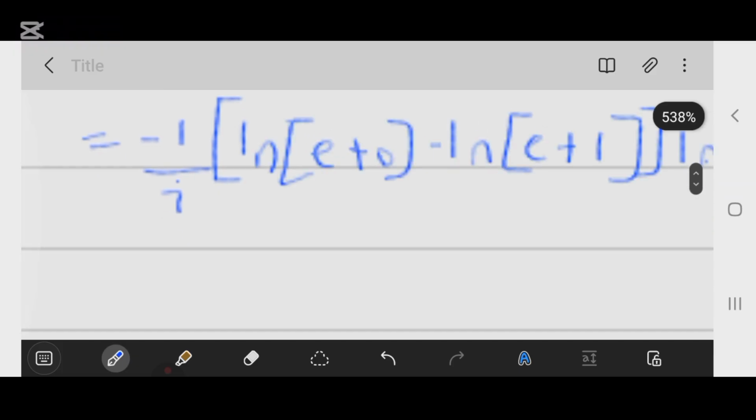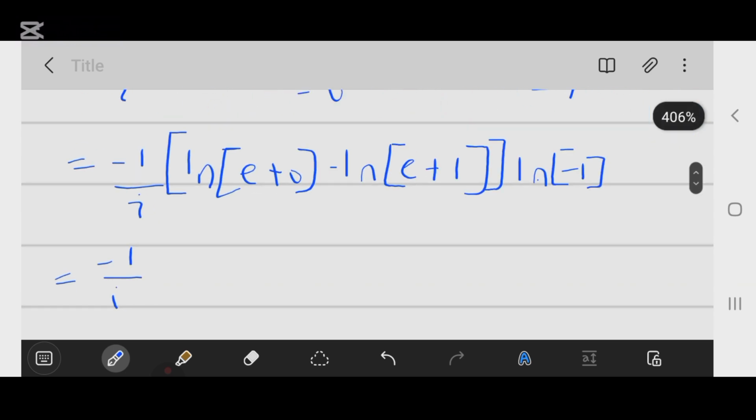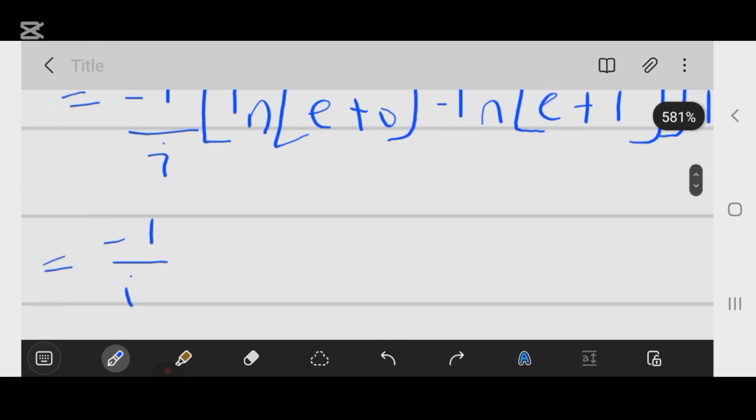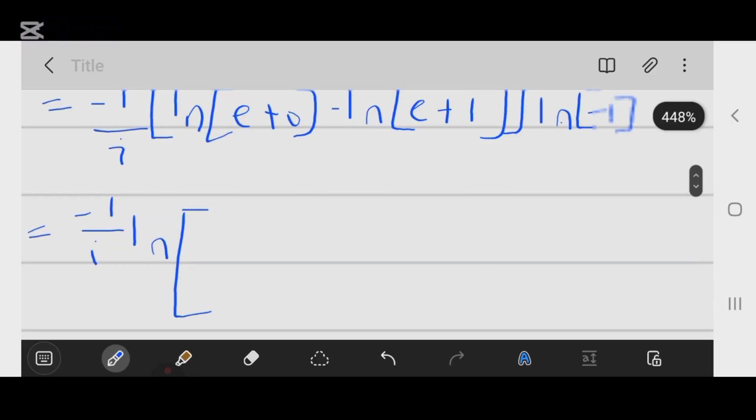Time for more simplification. Now I'm gonna bring in the subtraction law of logarithm. Yeah, a plus 0 is same as 0.